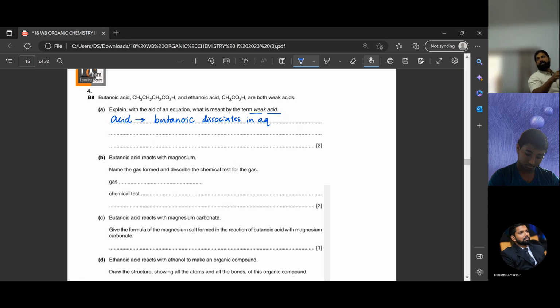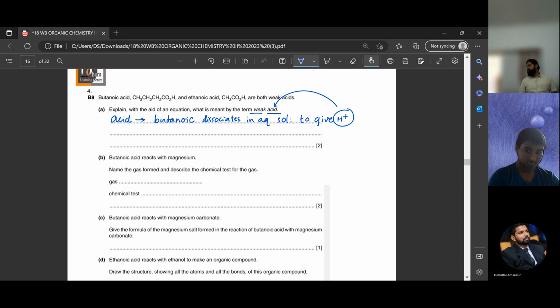You don't have to write all this stuff, you just say butanoic acid gives H plus. But I'm writing the full statement. Butanoic acid dissociates in aqueous solution to give H plus.